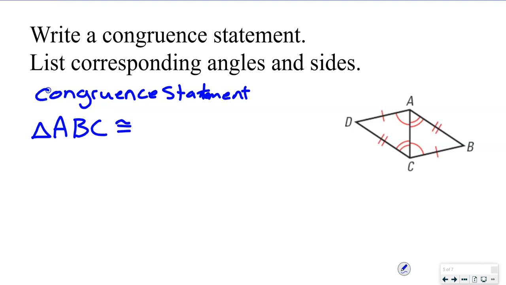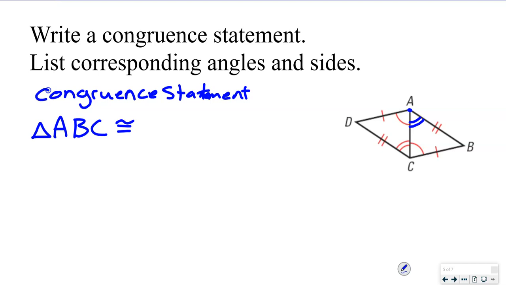Now I just have to make sure I match up the correct vertices in my second triangle with their corresponding parts. So if I look at vertex A on my triangle on the right, I can see that it's got 2 arc marks there.